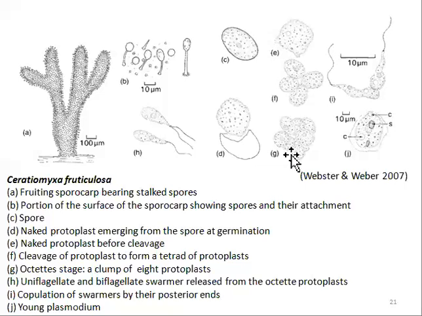Here a clump of eight protoplasts is present in G, and H represents the uniflagellate and biflagellate swarmers released from the eight protoplasts, and this G is converted into these biflagellate or uniflagellate swarmers. I represents the combination of these two opposite strains, and J represents the new young plasmodium.